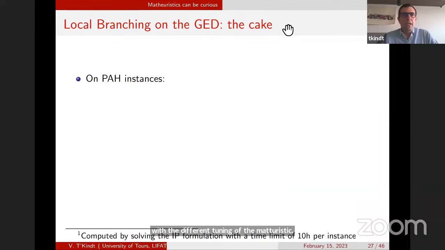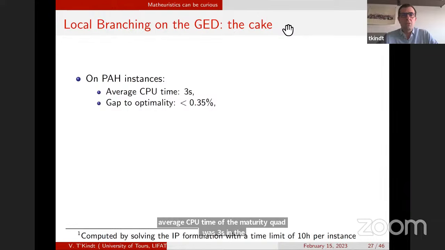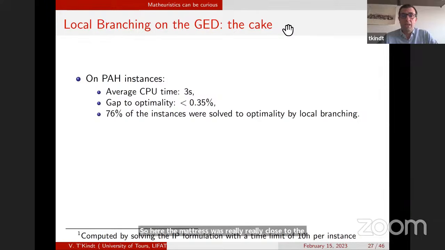On the PAH database, the average CPU time of the Matheuristic was 3 seconds, and the gap to optimality was less than 0.35%. So here, the Matheuristic was really close to the optimal solution. And 76% of the time, the instances were solved to optimality by local branching.